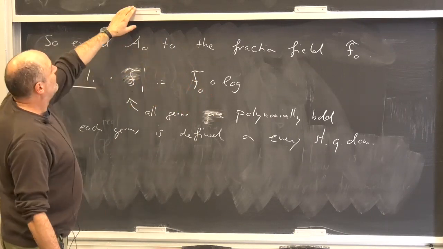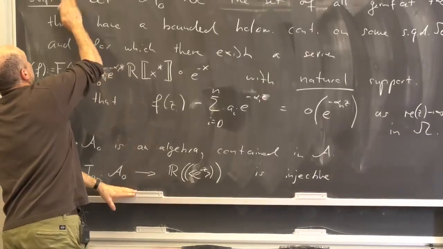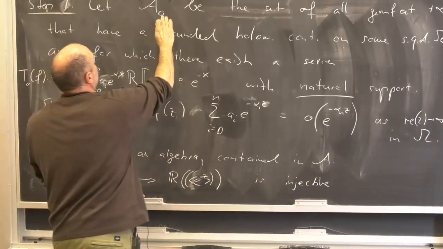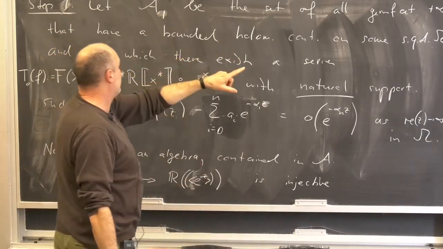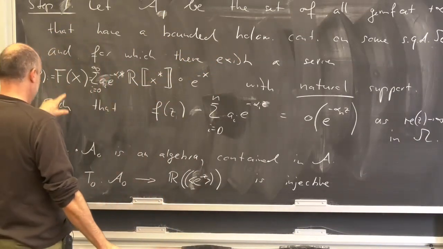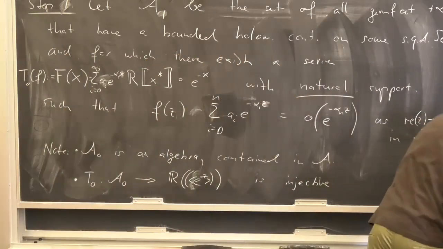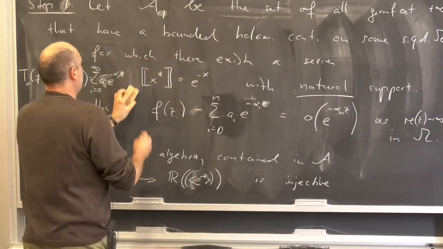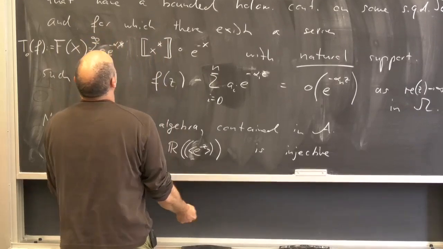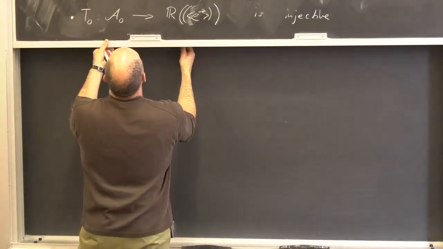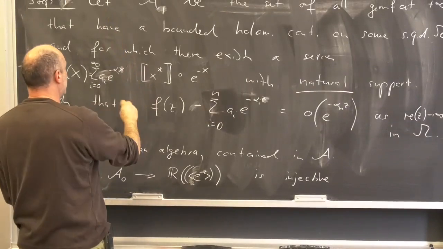So step one, I could just start all over again with the same idea: that A1 be the set of all terms for which there exists a series, but now the series does not have real coefficients anymore, but it has coefficients in my F1 prime.